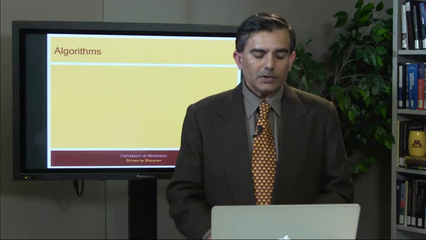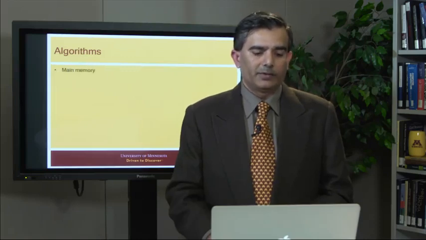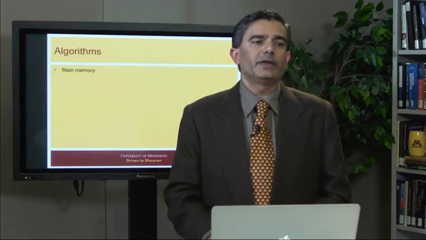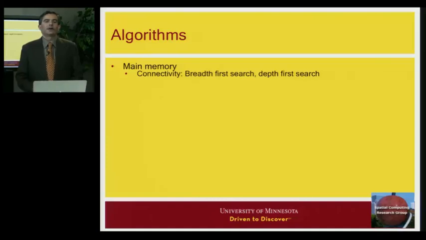There are many algorithms, and many of you might have seen main memory algorithms. For example, given the matrix or adjacency list representation, we can use algorithms like depth first search or breadth first search to check the connectivity. And the same thing for shortest path. Some of you probably took a data structures and algorithms course, and you may have come across Dijkstra's shortest path algorithm.